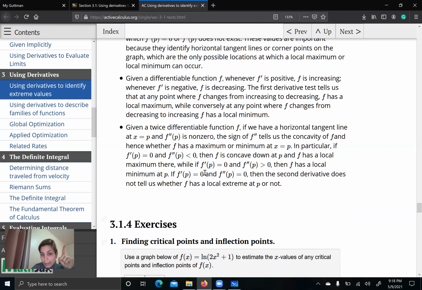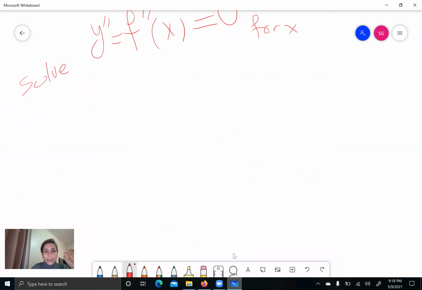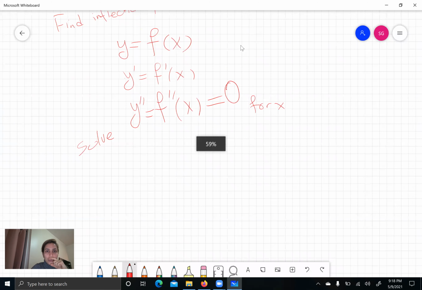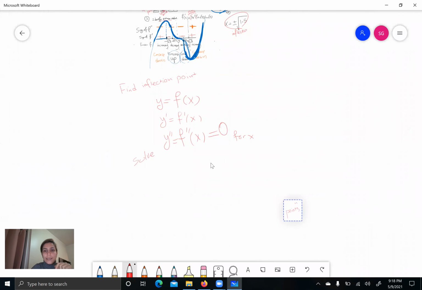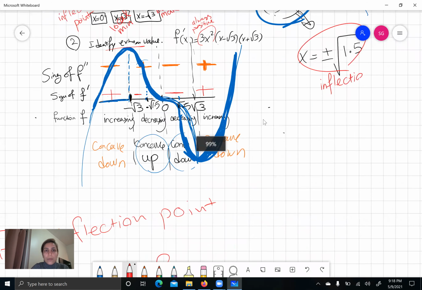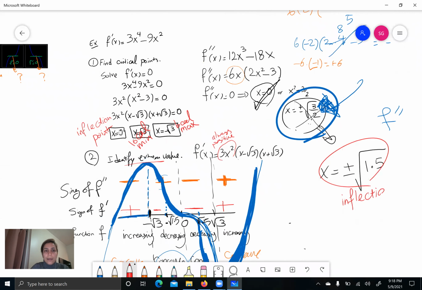And here is the last point. What if both the first derivative and second derivative are 0? What about that case? Like in this question, let me show you. Look at the 0 in this question. 0 is a value that makes the first derivative 0, and it also makes the second derivative 0.